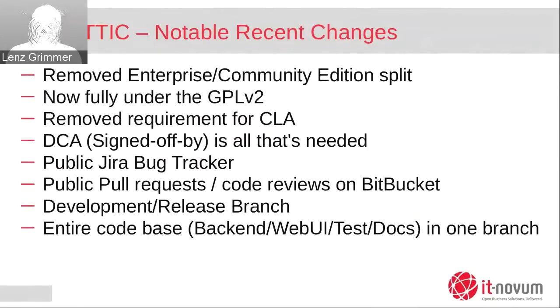We had an enterprise and a community edition, where the enterprise edition had a few additional proprietary bits on top and required a commercial license, while the community edition was available under the GPL but had limitations. If you wanted to contribute to OpenATTIC, you were required to sign a CLA first in order to allow us to make this dual licensing happen.